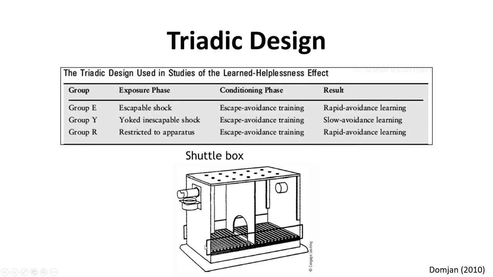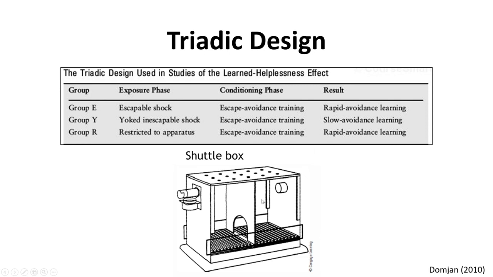But where it gets really interesting is that our yoked group that was originally trained with an inescapable shock ends up showing very slow avoidance learning. They learned early on that this shock is something that's going to happen no matter what I do, so they stop trying to avoid it.